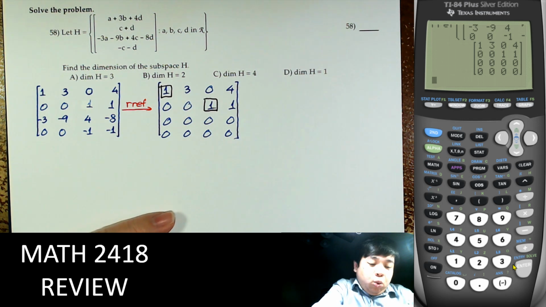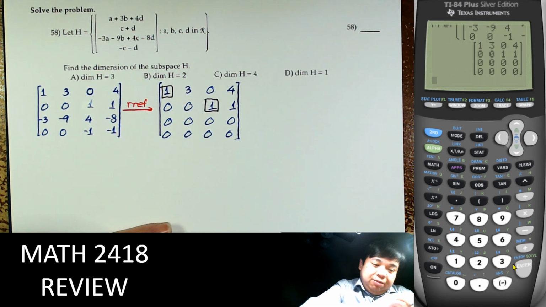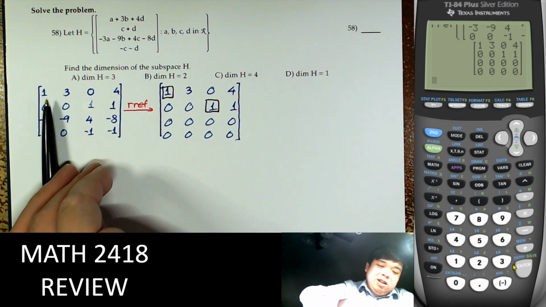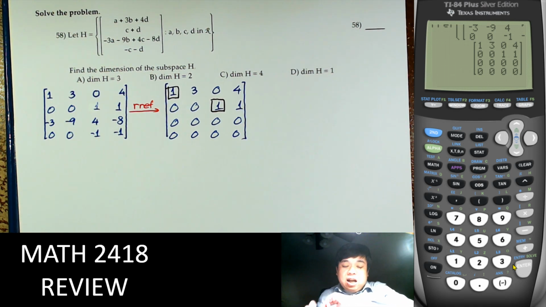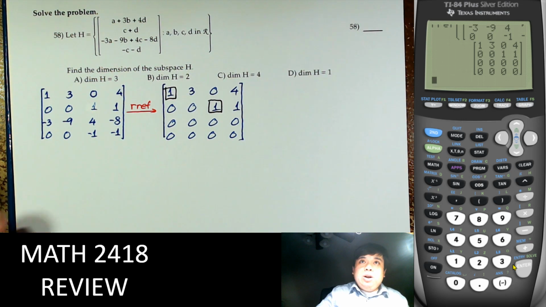So we really need two vectors for that. So the dimension is, of course, just 2.